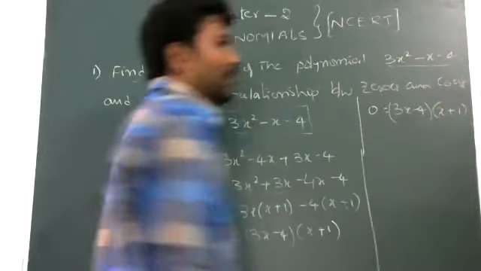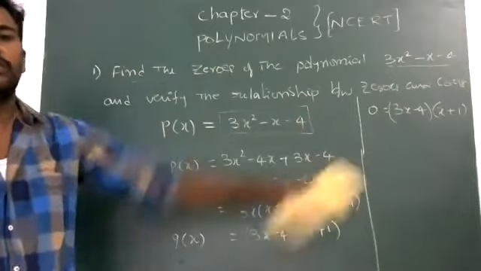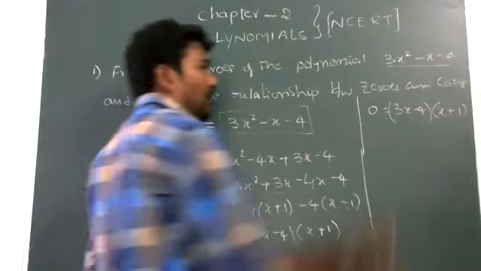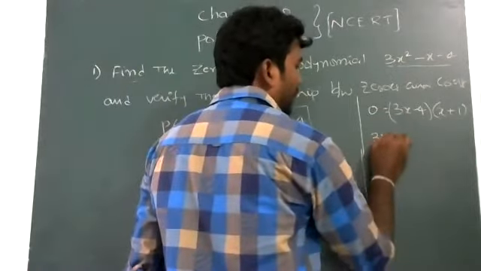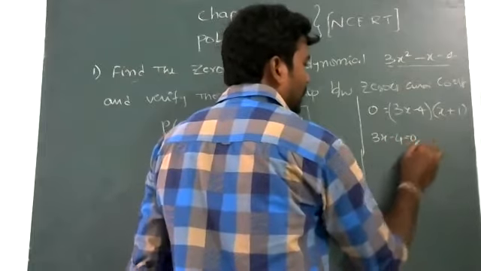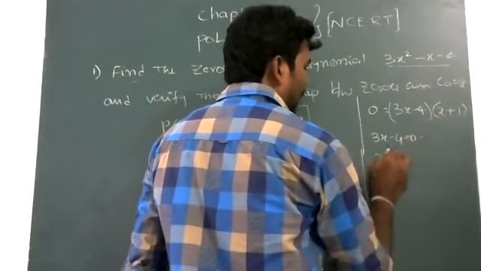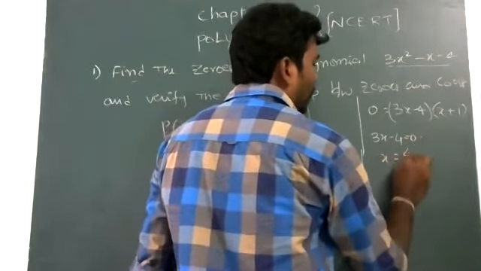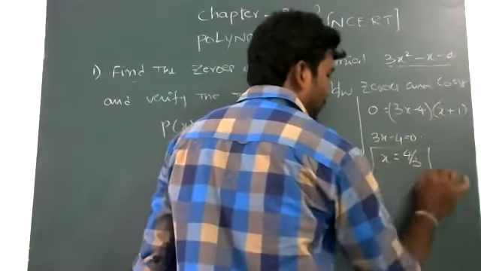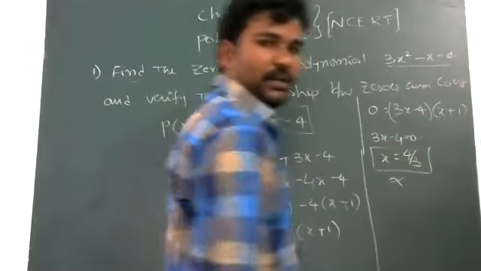These two give the zeros of the polynomial, so equate each to 0. 3x minus 4 equals 0, that implies 3x equals 4, x equals 4 by 3. This is alpha. Is it clear?